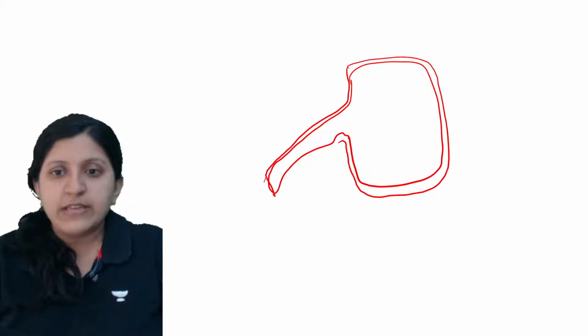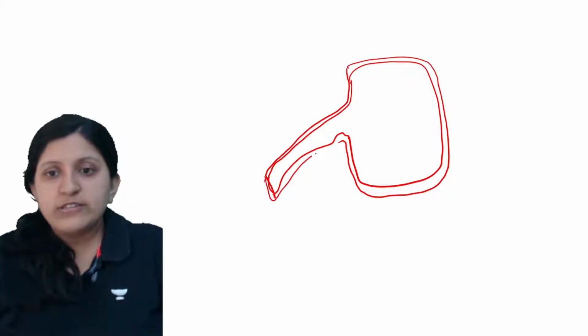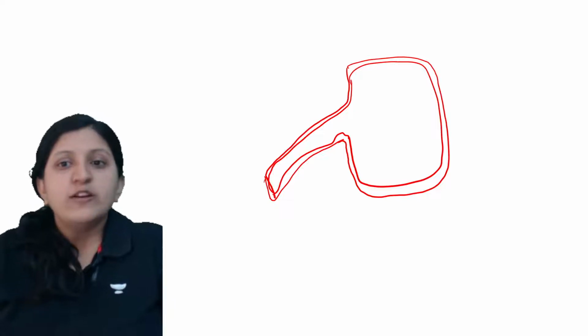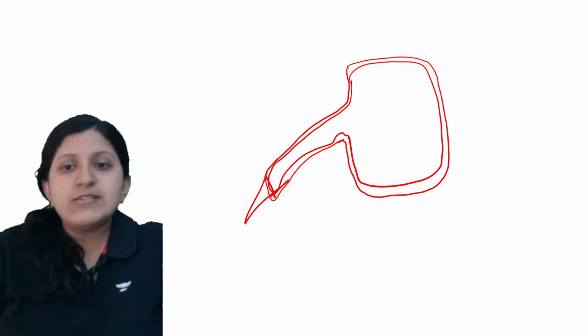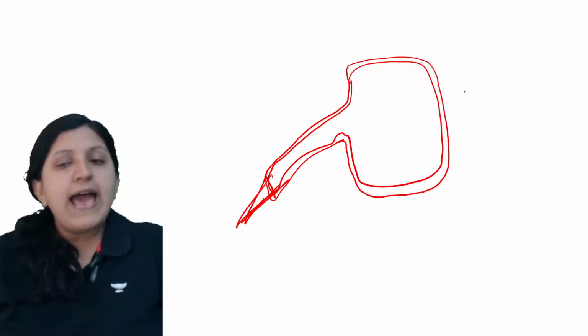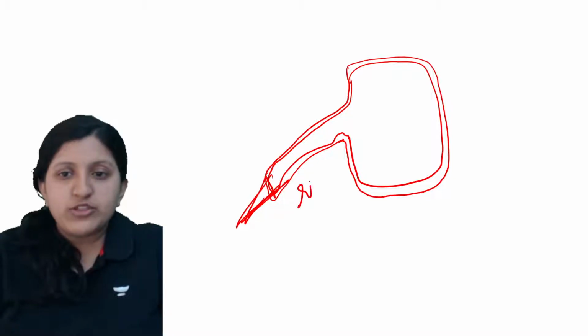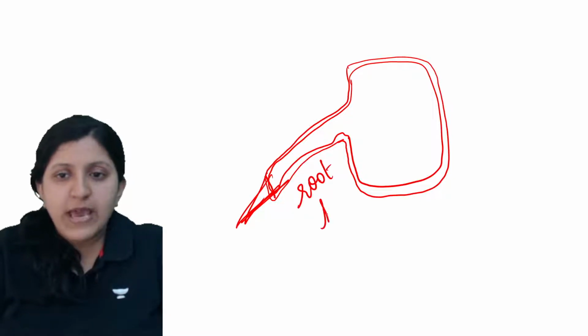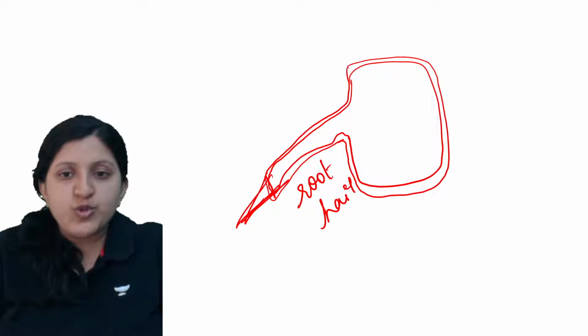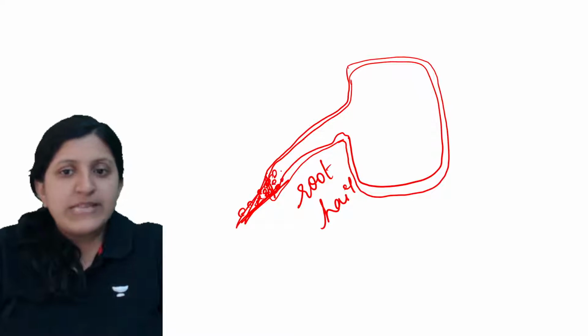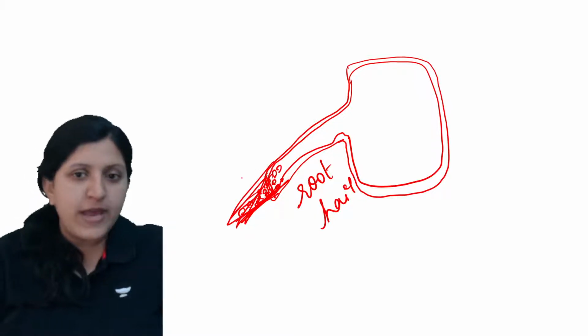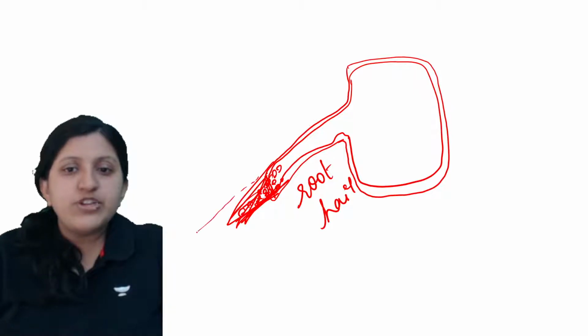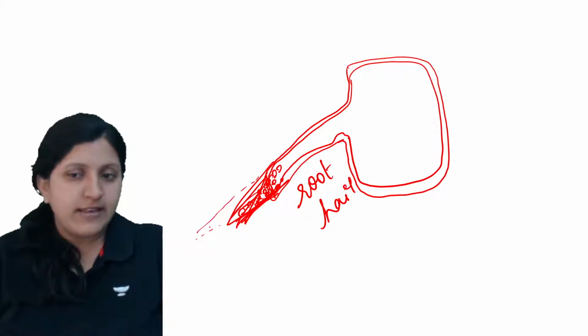Now this is a root hair, which will start to grow. There are meristematic tissues, so you can see the growth of this root hair by continuous division. You can see the tip keeps on growing.